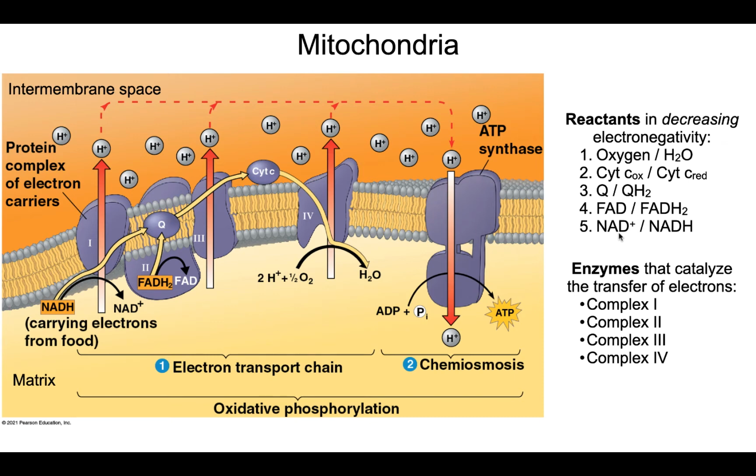So that's naturally an exergonic reaction, which means that reaction is going to release energy. And that energy is coupled to an endergonic process. What's that endergonic process? Moving protons against their concentration gradient. And that's exactly what's happening there at complex 1.